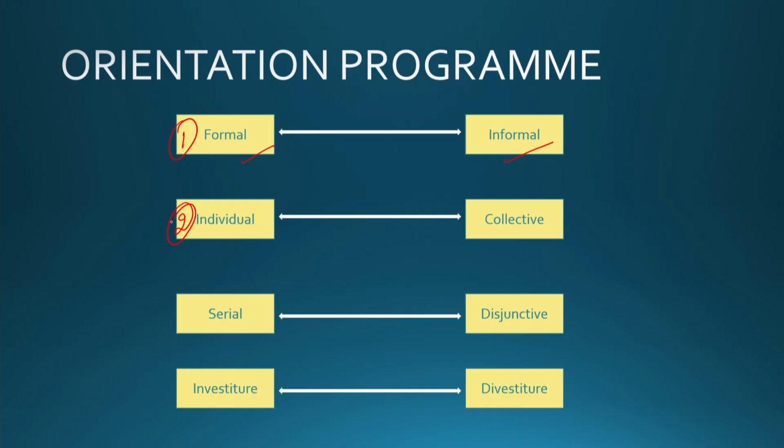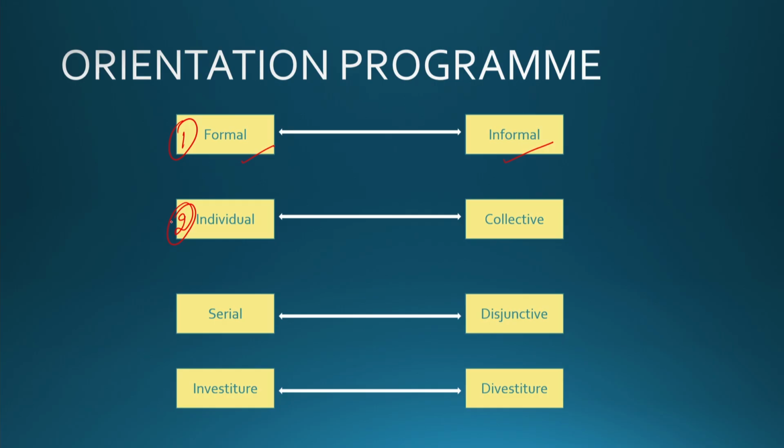This tacit knowledge works wonders because through this new employees get to know about the organizational side which is not explicitly written anywhere in the documents. Vis-a-vis, the formal orientation is all about explicit written down communication to the employees. So this was about formal and informal orientation.